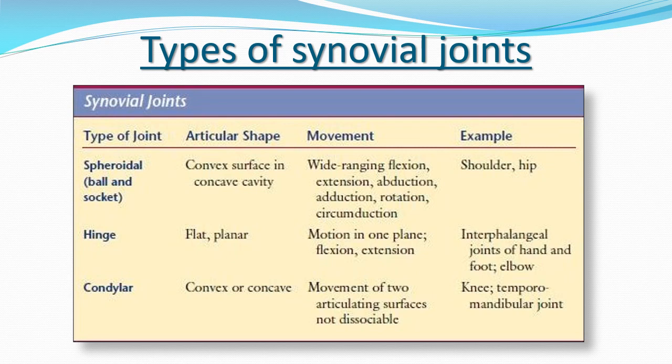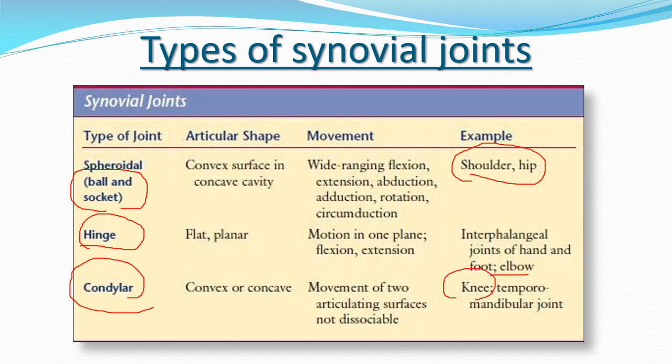According to the shape of the articulating surface of the synovial joints, we further divide the synovial joints into three subtypes. The first subtype is called the ball and socket joint. The classic example is the shoulder and the hip. The other type is called the hinge joint. An example of the hinge joint is the elbow joint. And then we have another category which is called the condylar category, and an example is the knee joint.